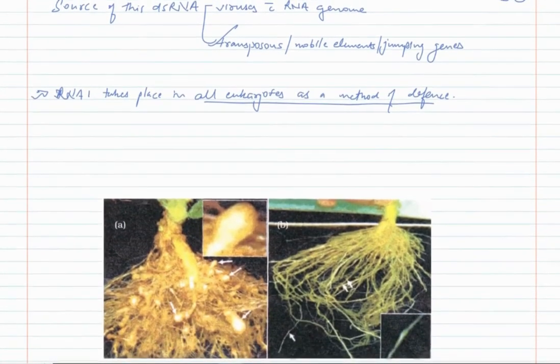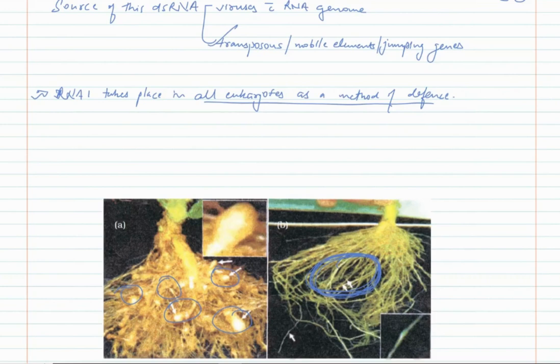Now, this is the tobacco plant which has been affected by a nematode. These nodules show infection by a nematode, and this shows a nematode resistant plant which has been developed by the technique of RNA interference.